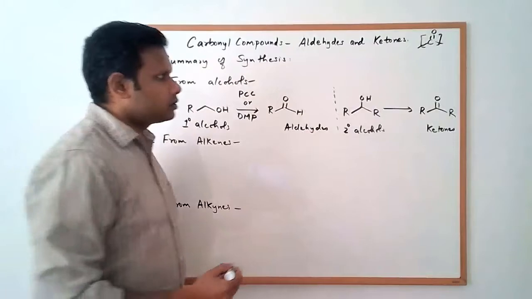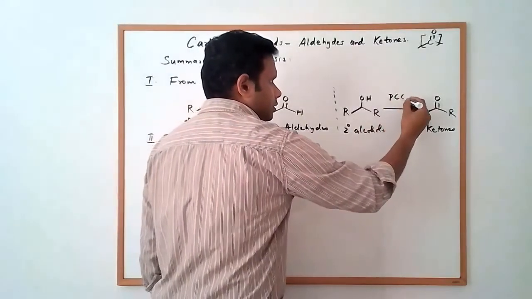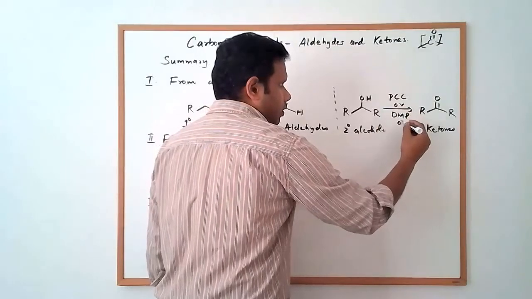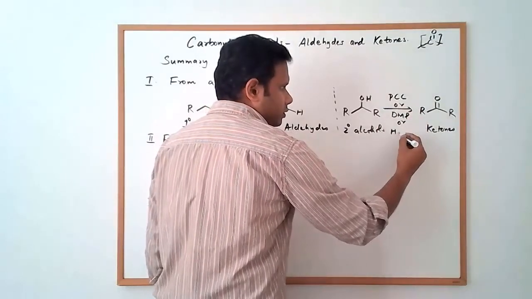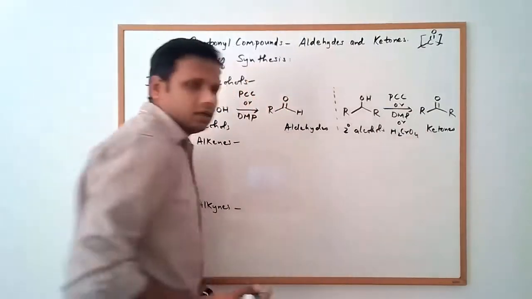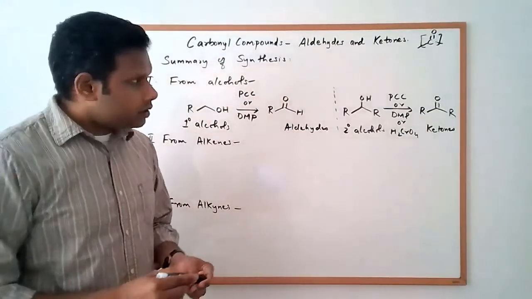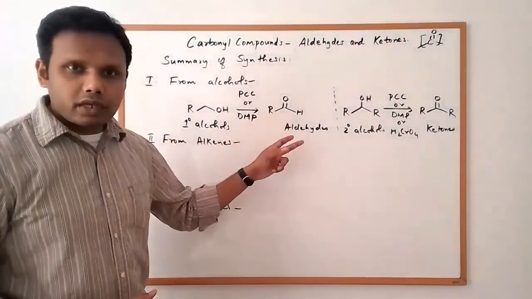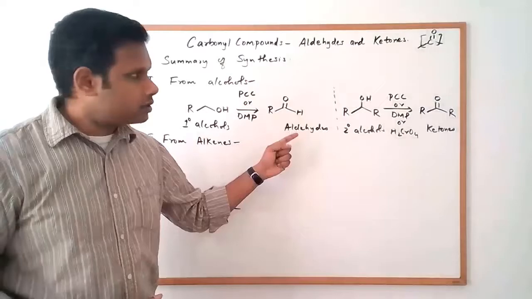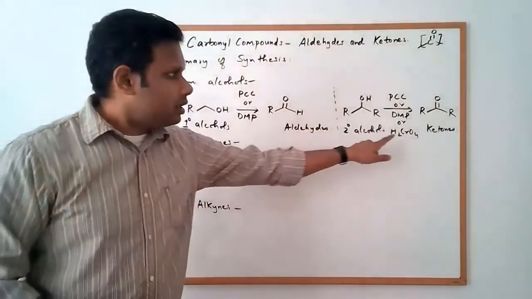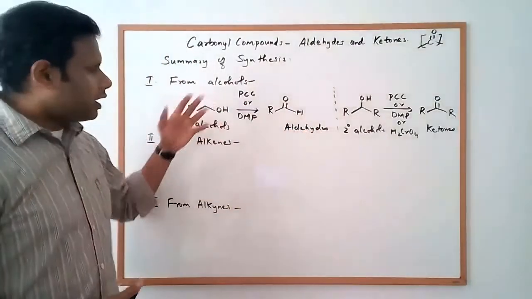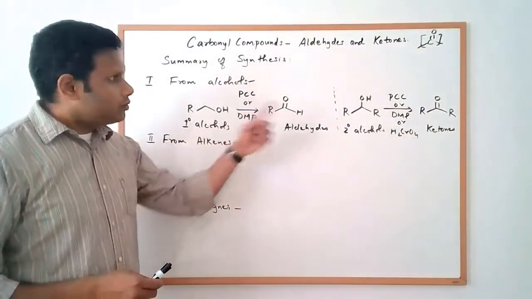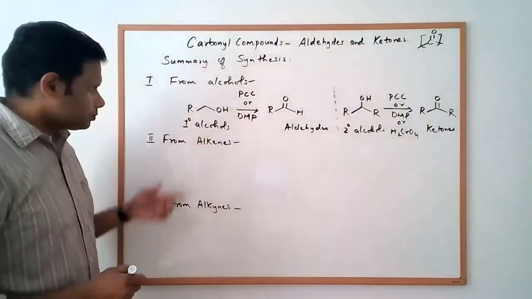So secondary alcohols go into ketones, and we can use PCC, or you can use DMP, or in this particular case, even chromic acid is applicable because ketones cannot be further oxidized. The issue with primary alcohols is they would undergo a complete oxidation to carboxylic acid if we use chromic acid. So alcohols are one set of starting materials that can be used for synthesizing carbonyl compounds.